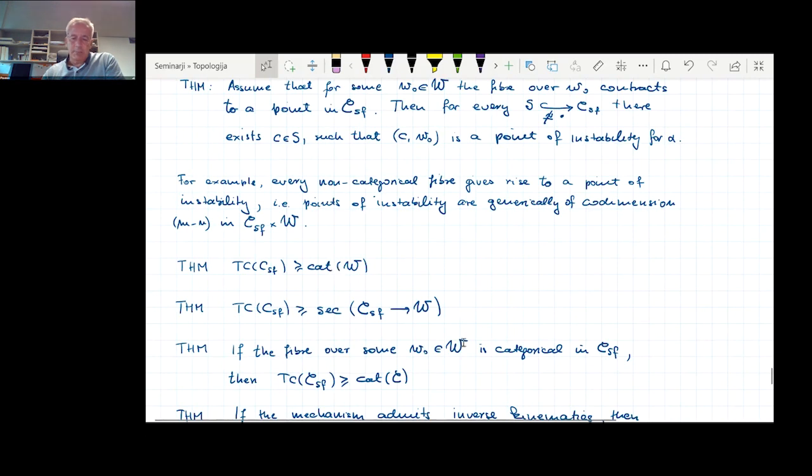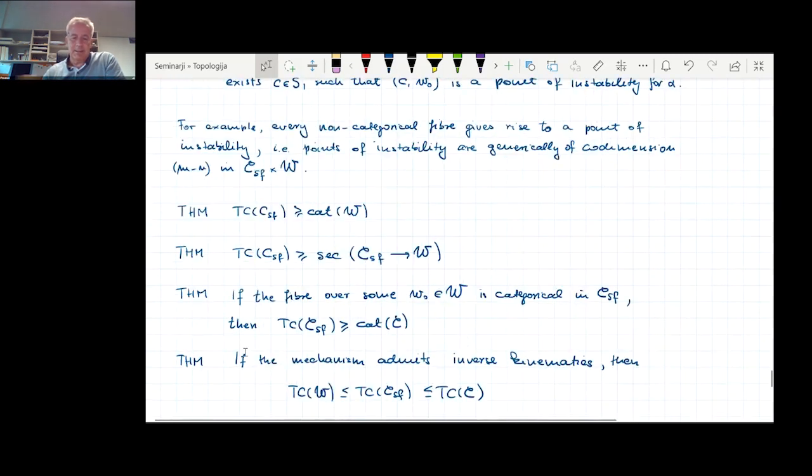And then one important case, as I said, parallel mechanisms often have inverse kinematics. If this is the case, then the topological complexity of singularity-free motion planning is between the topological complexity of the workspace and the topological complexity of the singularity-free configuration space.